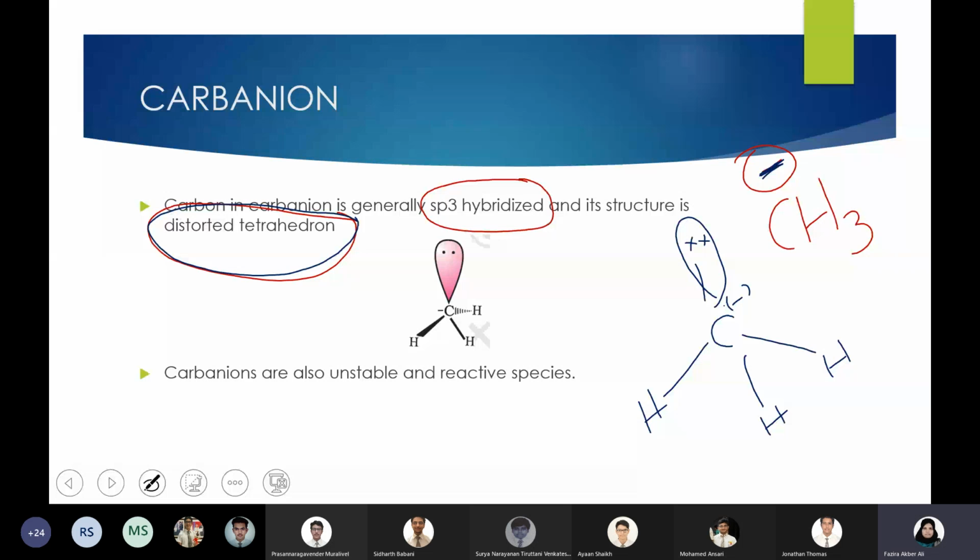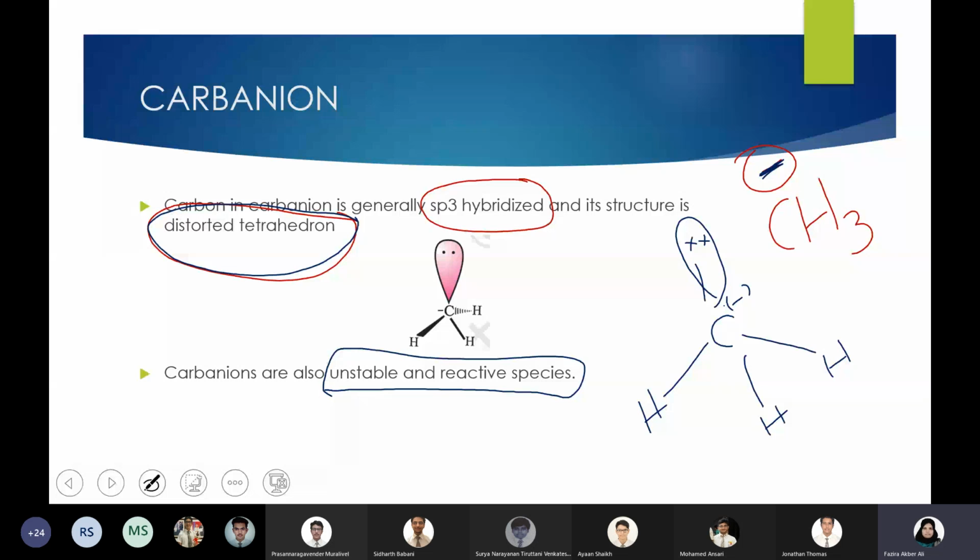Like carbocations, carbanions are also unstable and reactive because they carry charge. Whenever a species has a positive or a negative charge, it will be more reactive than neutral substances. The stability will always be very low for charged fragments or species.